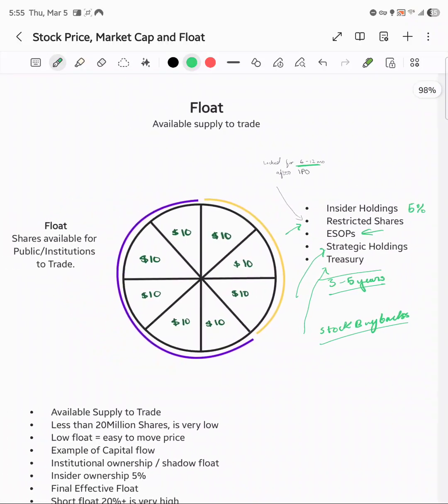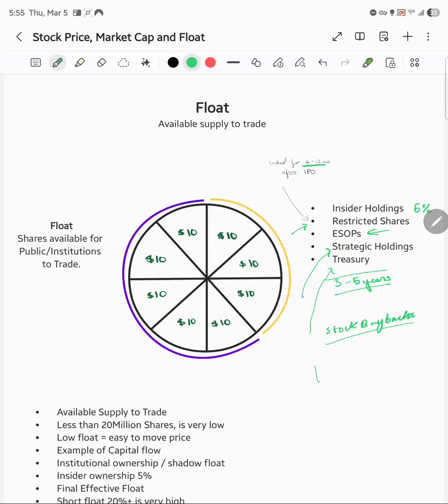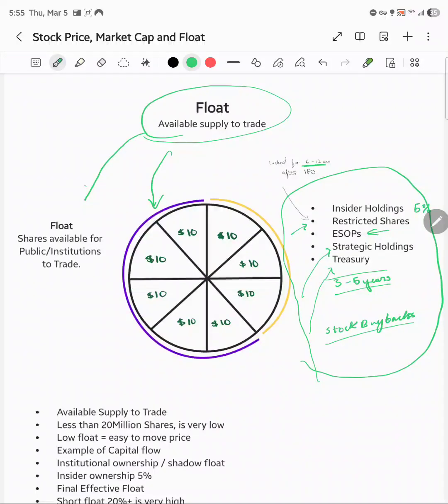But these types of stocks are not really available to trade on the open market. Meaning, these stocks are not really floating around to be traded. Okay. And the stocks that are being floated around to be traded are called float, or available shares for public and institutions to trade.